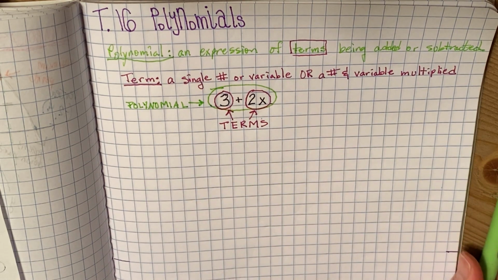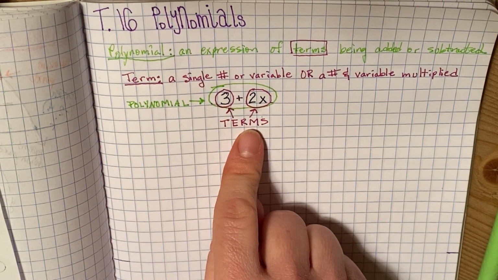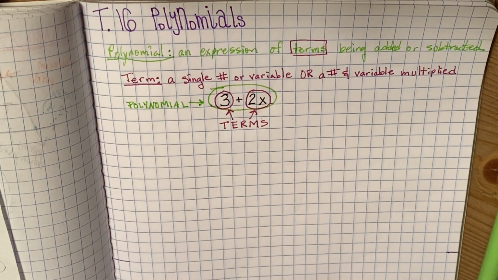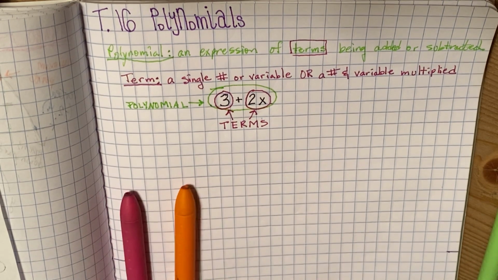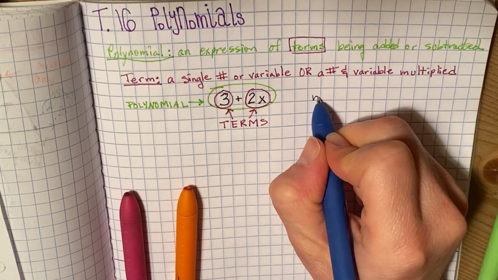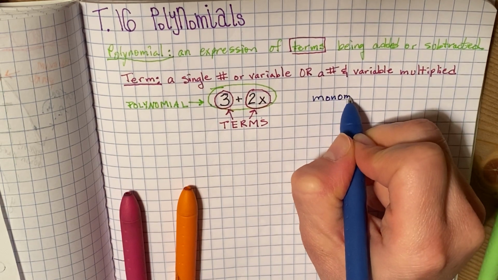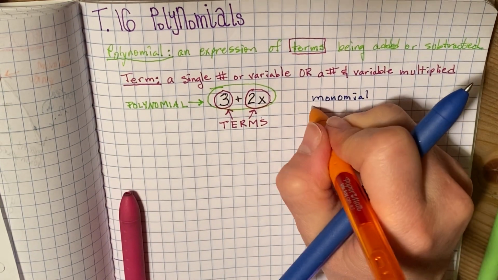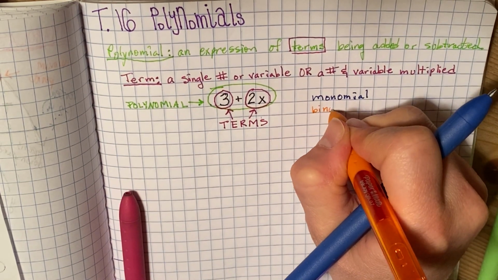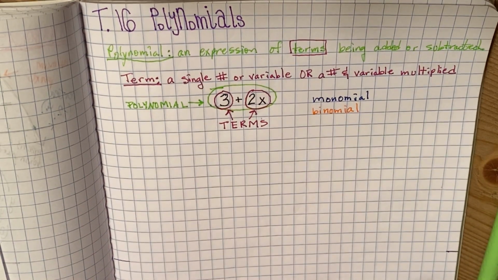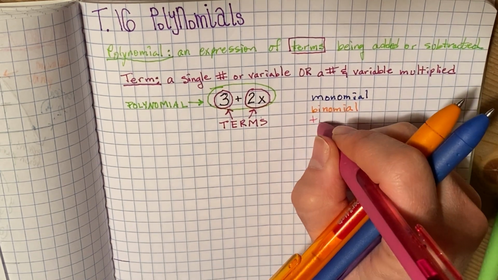We are going to get into the types of polynomials that we can have. So there's 3 types of polynomials, okay? So we have a monomial, do you guys miss the clicking pen? A binomial, and a trinomial.